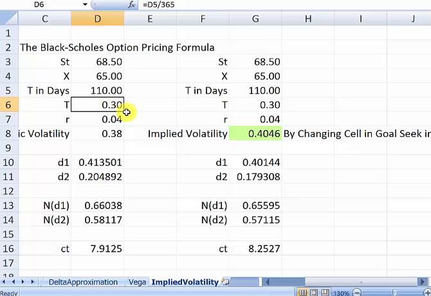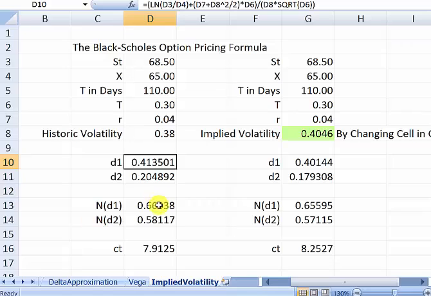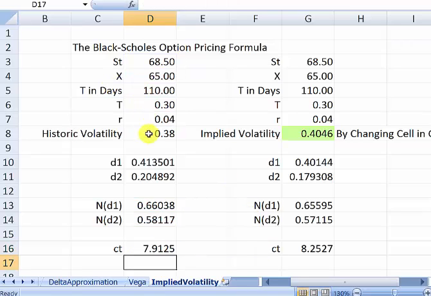This is just capital T, the expiration time. Risk-free rate 4%. Volatility, the historical volatility, is 38%. We can calculate D1 and D2, N(D1) and N(D2), the cumulative distribution function, then calculate the call premium according to historical volatility.